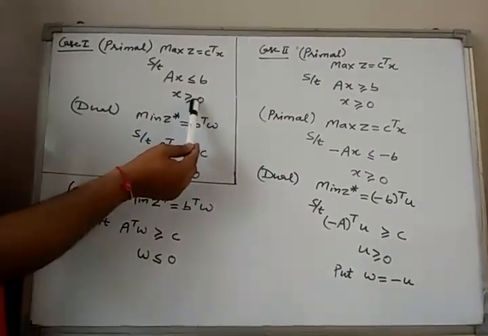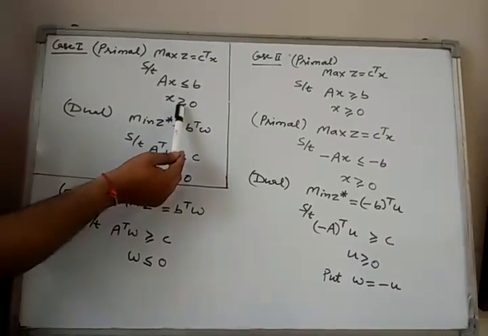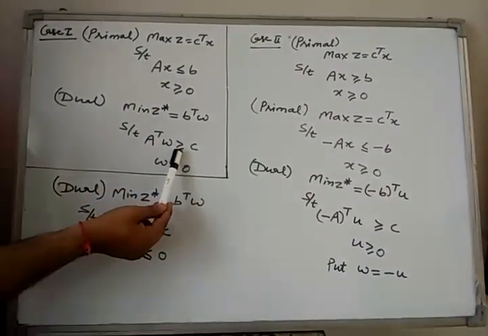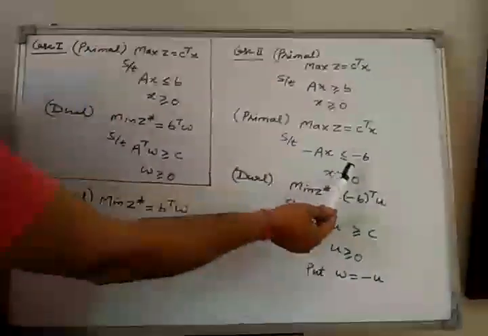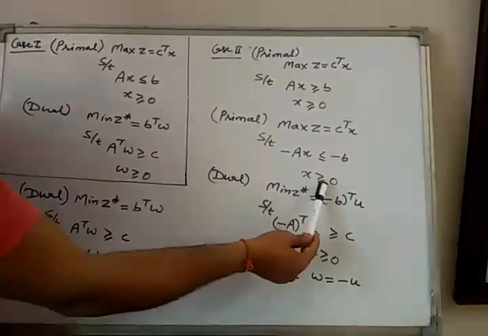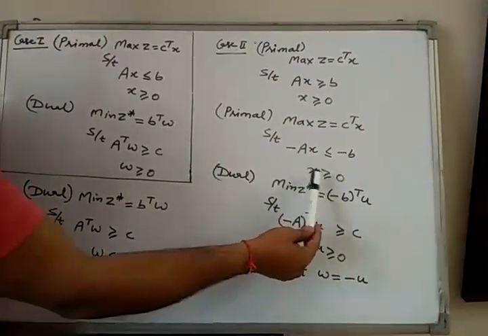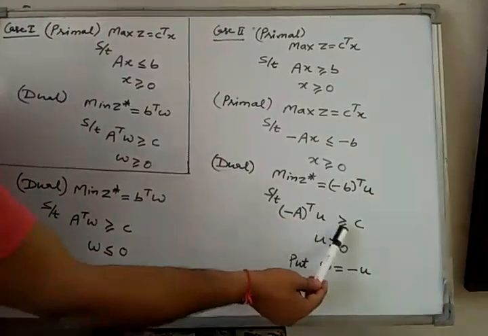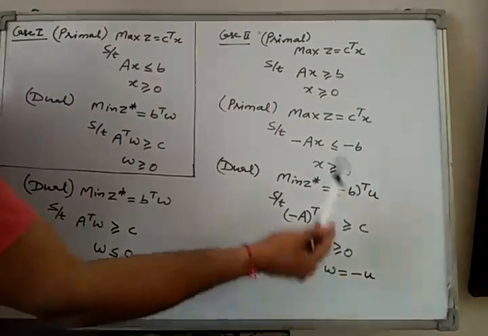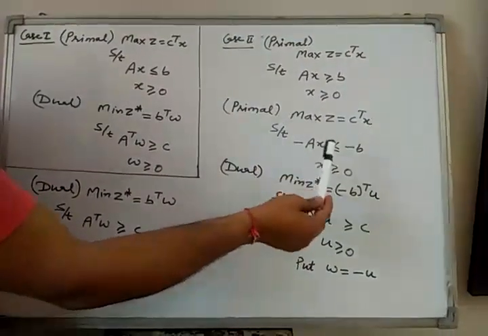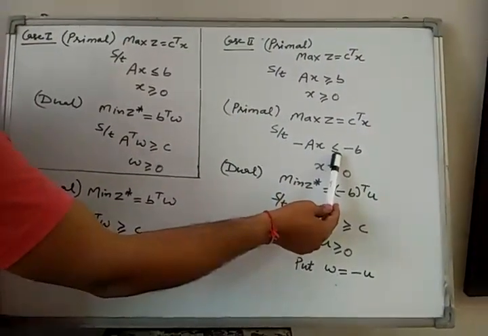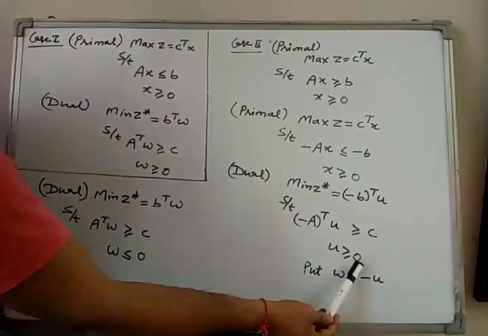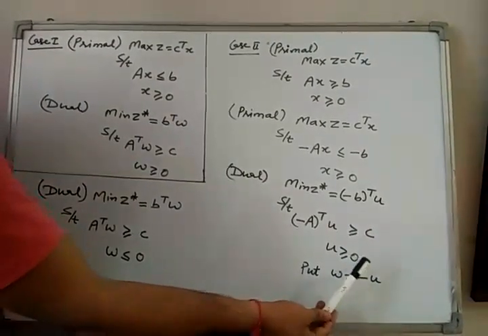All variables in primal problem are greater than equal to 0, therefore all dual constraints are greater than equal to type. And all primal constraints are less than equal to type, therefore all dual variables are greater than equal to 0.